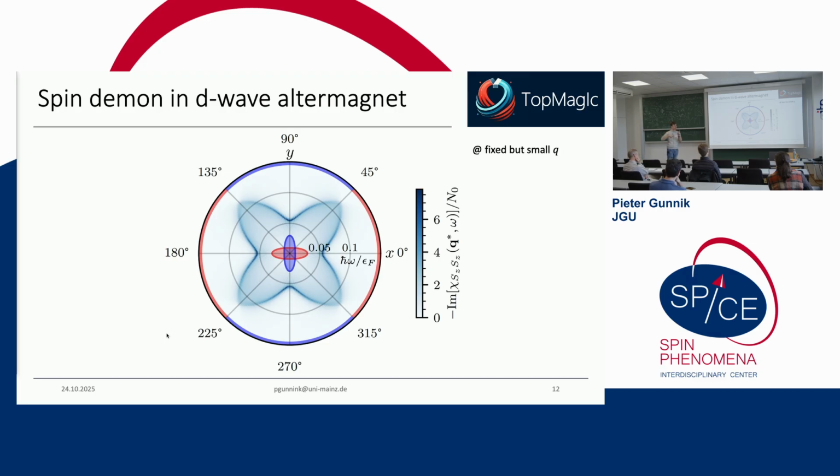So one is composed of mainly up electrons, and the other is composed of mainly down electrons. This is what I indicate with these colors here on the ring. And to make a stronger case why this should be an altermagnetic spin demon.